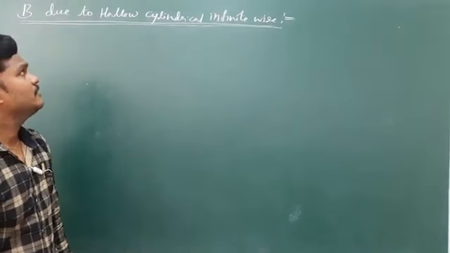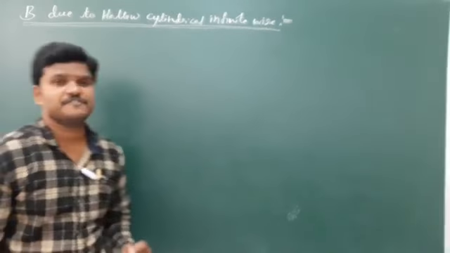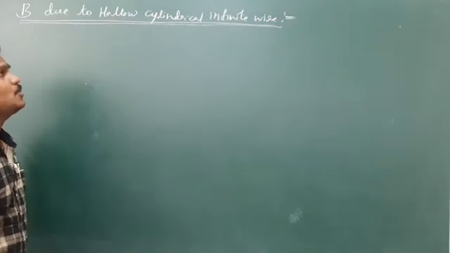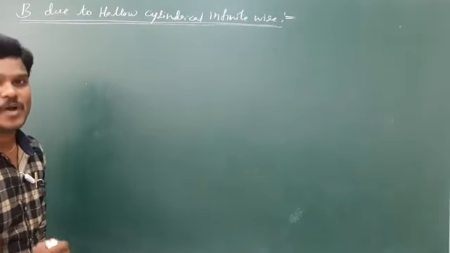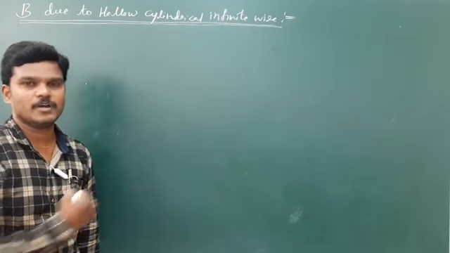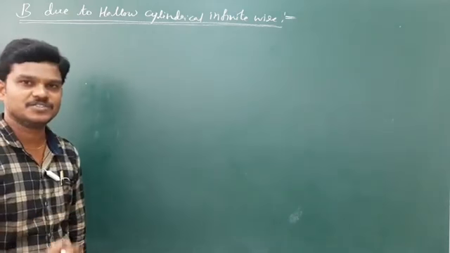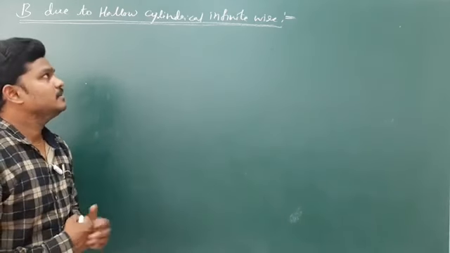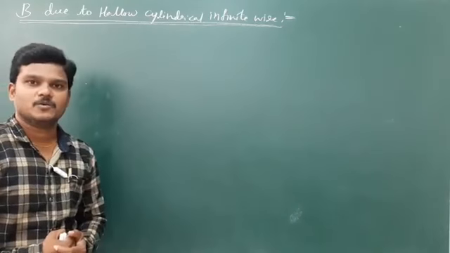That is, we have to find the magnetic field due to a hollow cylindrical infinite wire, and of course a solid cylindrical wire also. Now I am going to continue with the hollow cylindrical infinite wire and the solid cylindrical infinite wire.